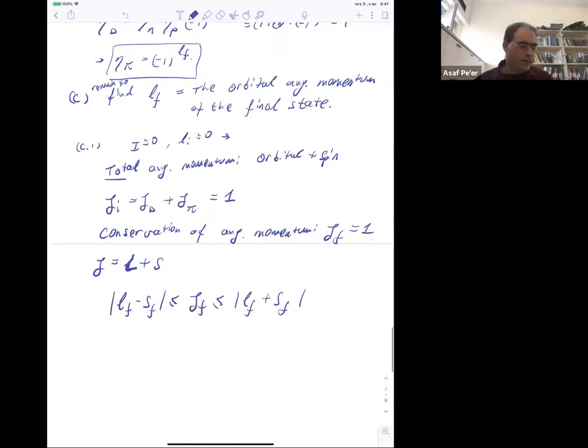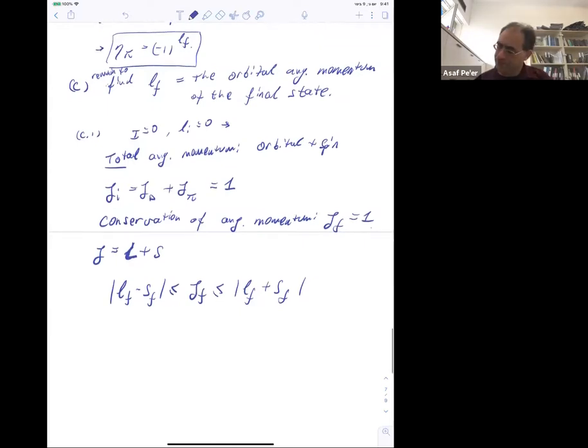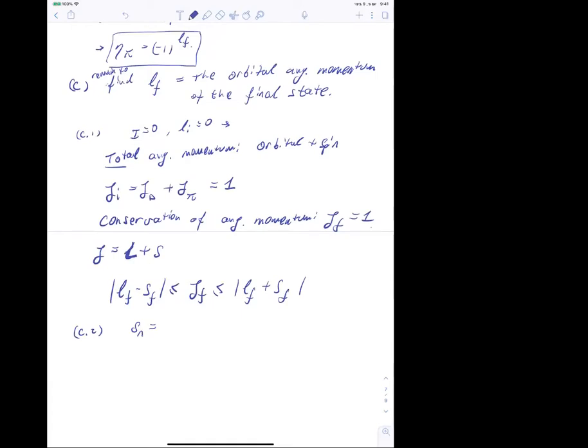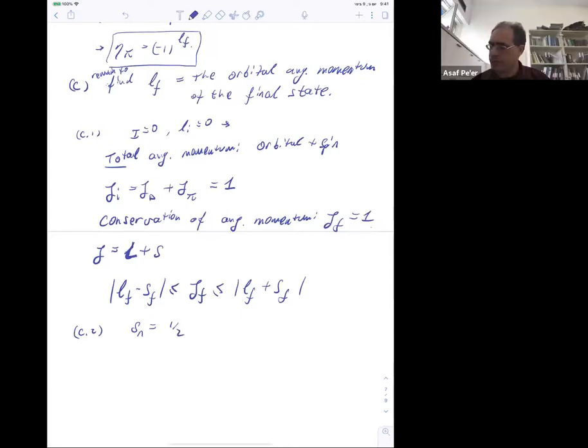What is the spin of the neutron? I think we kind of mentioned that. 1/2, right? It's made of 3 quarks, d, d and u. Each one is 1/2. In principle, it could be 3/2, but then it would be called a different particle. That's a delta particle.